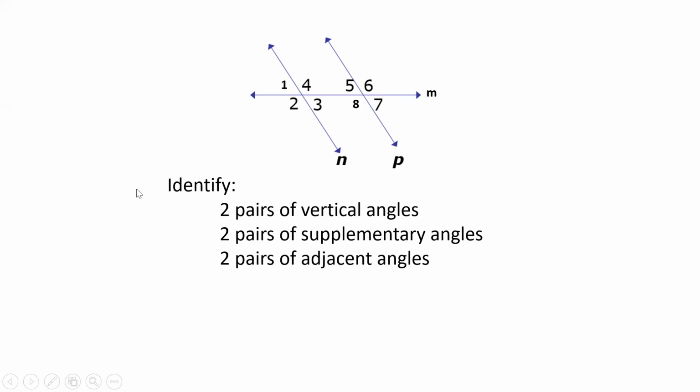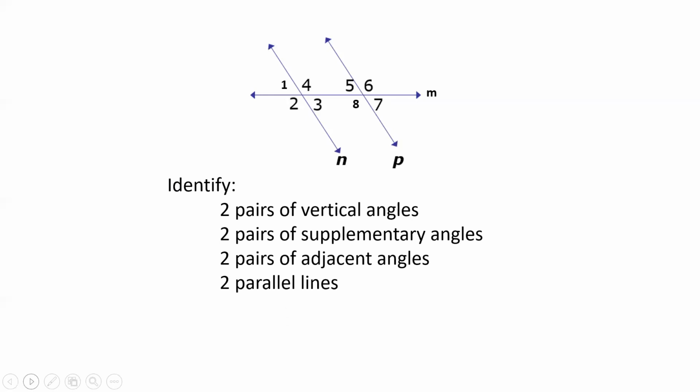They share a common side, so 1 and 2 are adjacent, 1 and 4 are adjacent, 4 and 3 are adjacent, and so on. All the supplementary angles in this situation are adjacent. Now that doesn't mean that every pair of adjacent angles are supplementary. Sometimes they're complementary and sometimes they're neither. But if they're next door neighbors, they are adjacent.